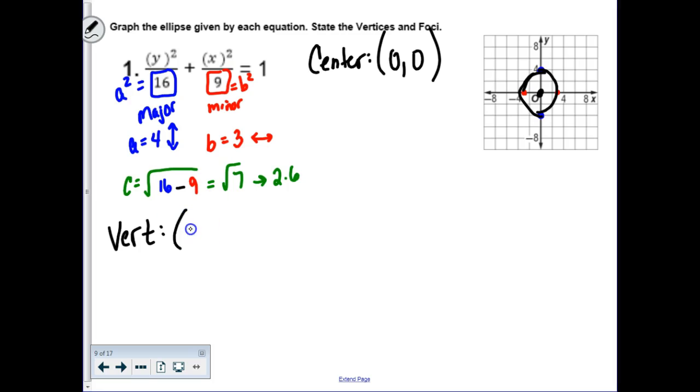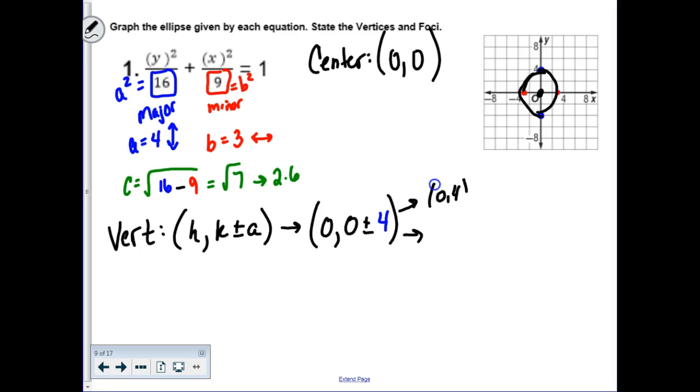The vertices are at h, comma, k plus and minus a. So for us, that would be 0, comma, 0 plus and minus 4. And if I was a nice lady, I'd let you just leave it like that, but I'm not. You're going to split it up and you're going to say it's 0, 4 and 0, negative 4.